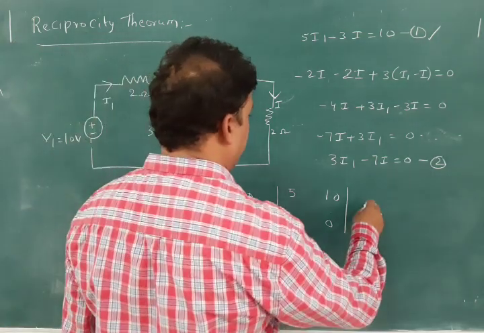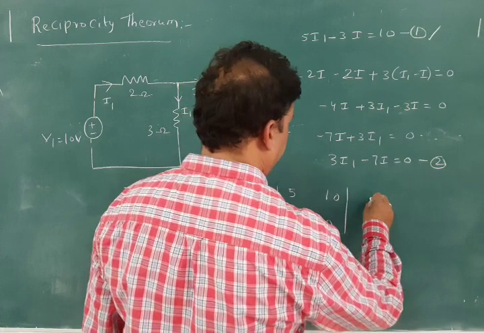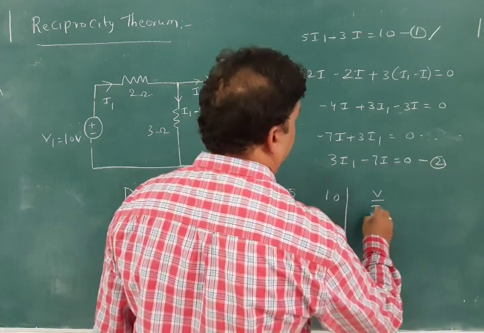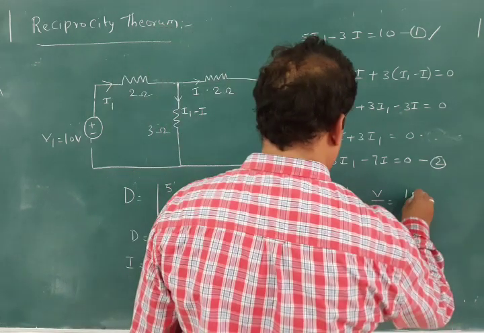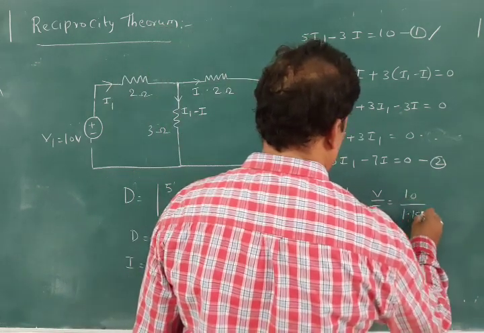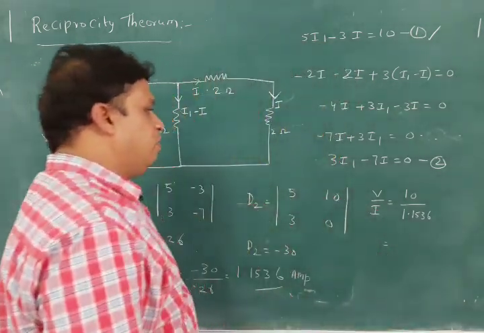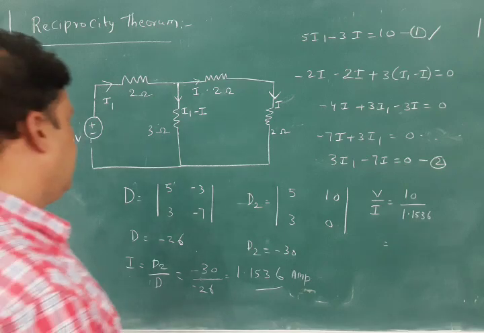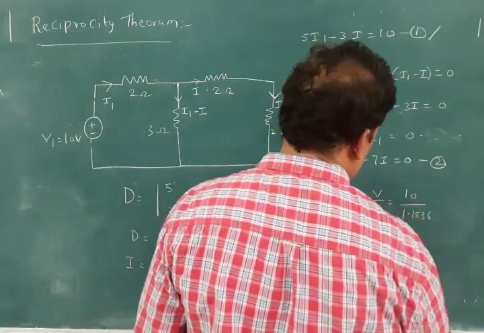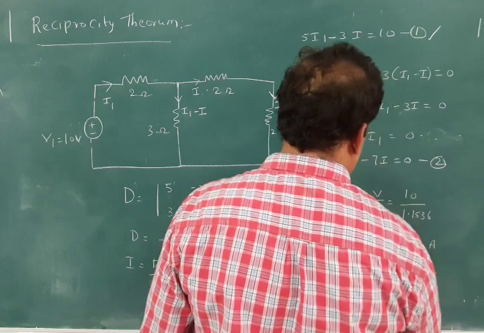So V by I is equal to 10 by 1.1536. If you do 10 by 1.1536, you will get the value closely as 8.67 something.